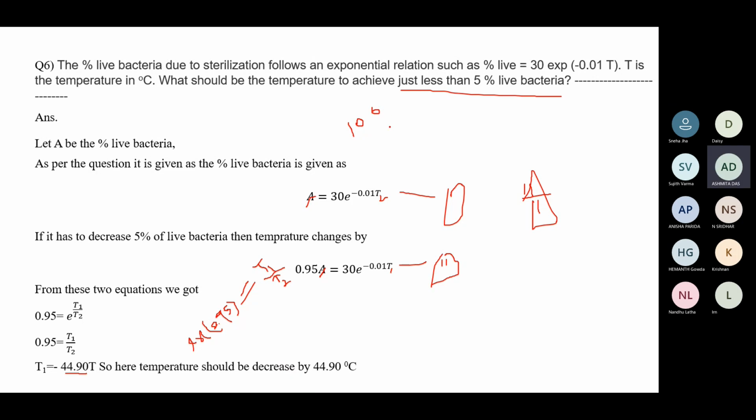So 5% less means 100 minus 5, 95 in 100. So from here we found 0.95. Clear?